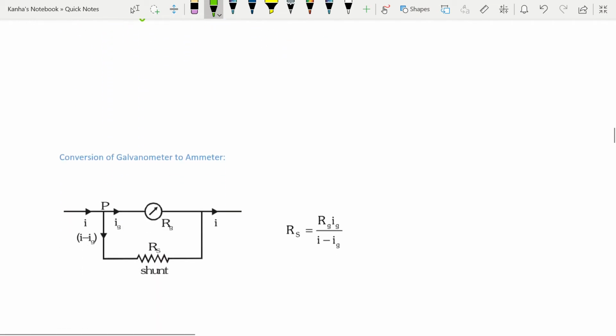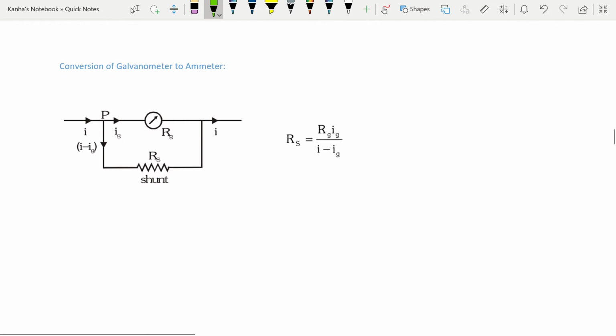Let's look at the first one, which is the conversion of a galvanometer to an ammeter. A galvanometer can be converted into an ammeter by connecting a low resistance in parallel to its coil, which I have already shown in the previous diagram. I is known as the range of the ammeter. In questions, they will directly give you the range of the ammeter, so you should know some of the nomenclature.